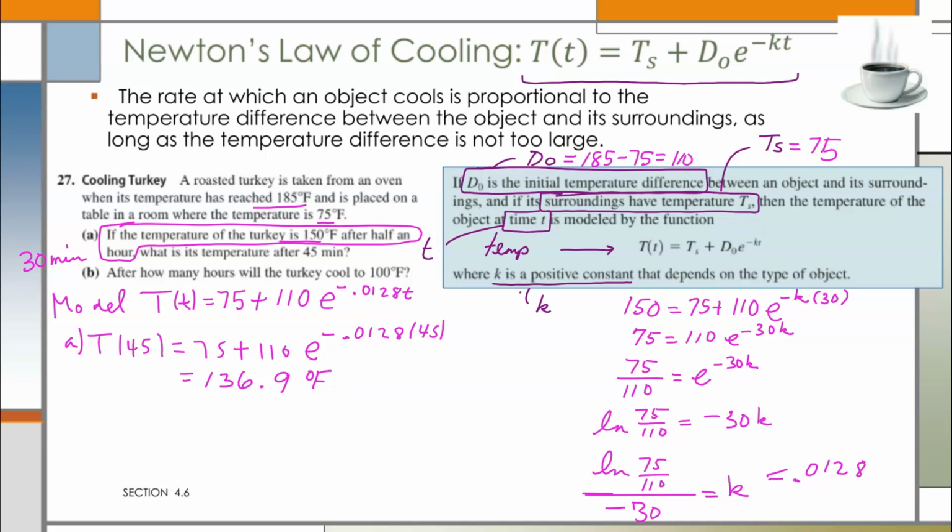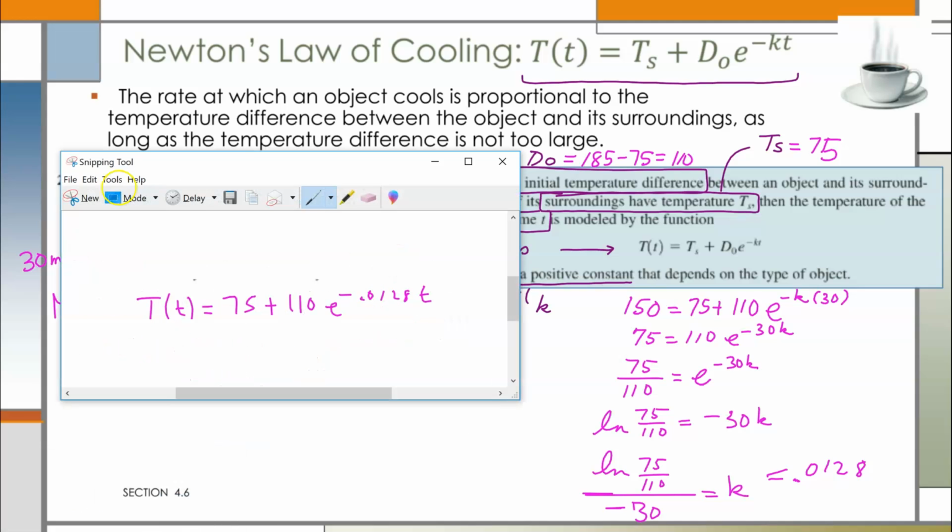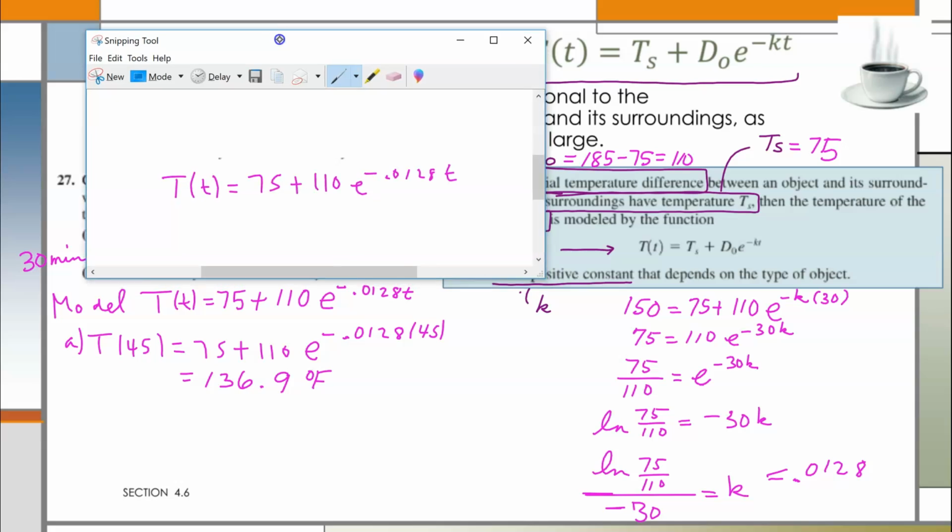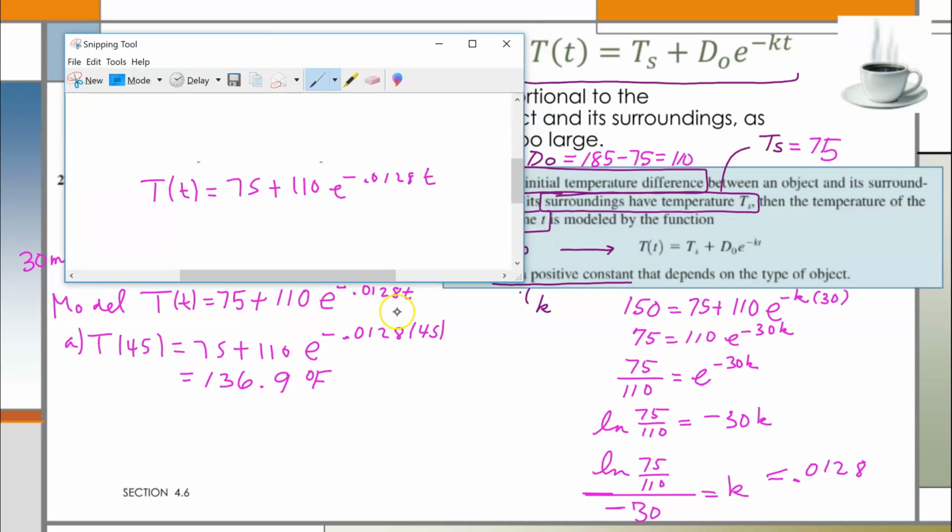After how many hours will the turkey cool to 100 degrees Fahrenheit? So what I did was I already highlighted our equation. I'm going to hit copy, get a new page, and do a quick paste.